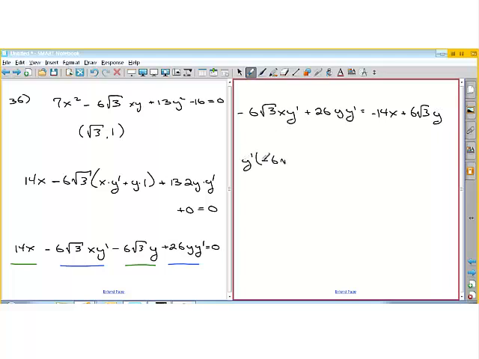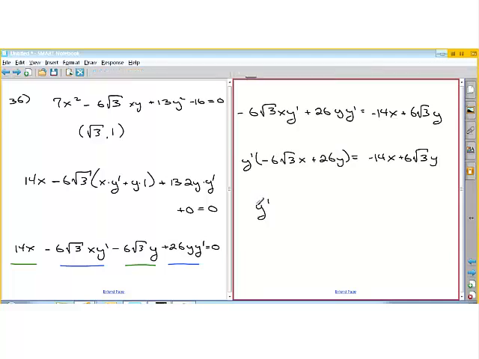Factor out y prime. Make the right-hand side the same. Okay, just check here. This is times that, this times that, times that is that. So everything works out, then you solve for y prime.